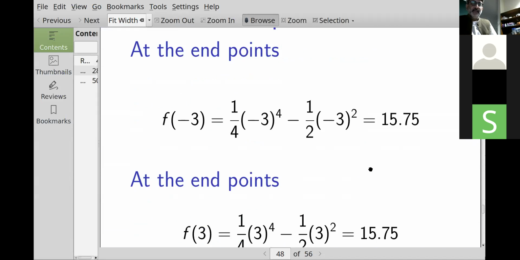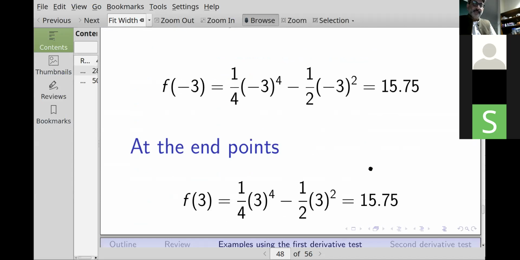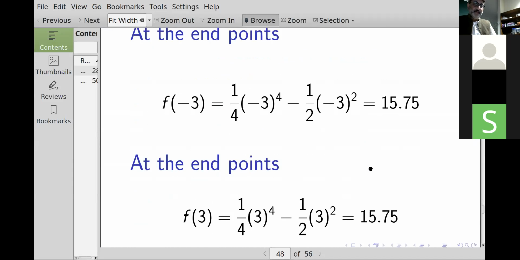Okay. Now we test the endpoints. f of -3 gives us 15.75, and f of 3 gives us 15.75. Notice that these are greater than the local max that was reported. It was a local max of 0, but we've got values at the endpoints that are greater than that.